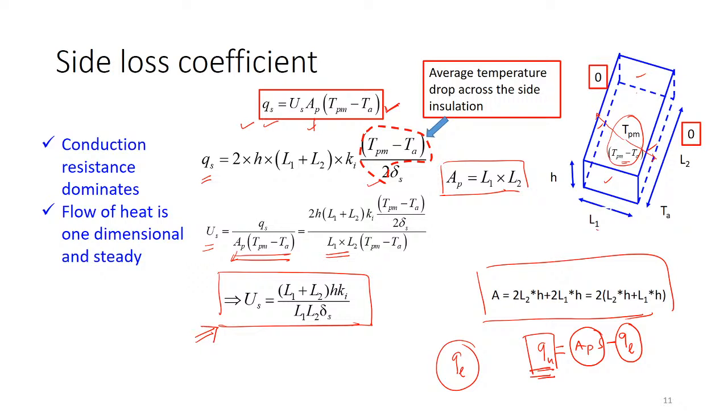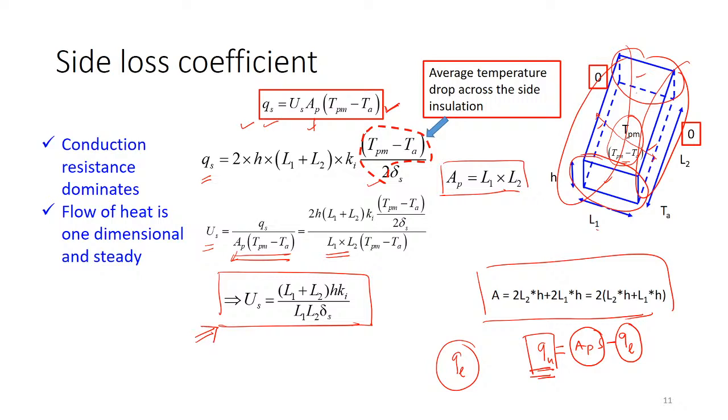If we consider this collector system, L1 is the width, L2 is the length and H is the height. We will have faces like this face, this face, and these other faces, so all four faces we need to consider when considering the side losses.